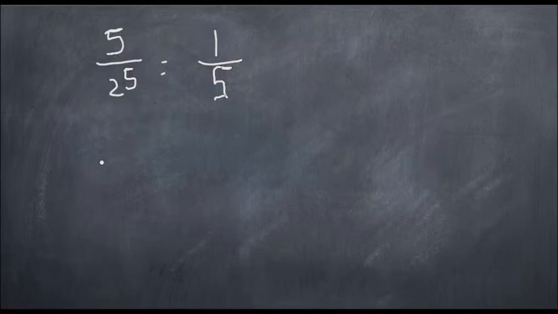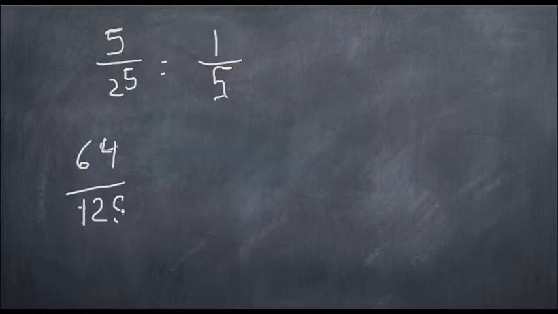And so let's say you had a really complicated something, like, for example, 64 and 128, and let's say it was hard for you to see one big thing that you could just divide into both of them.